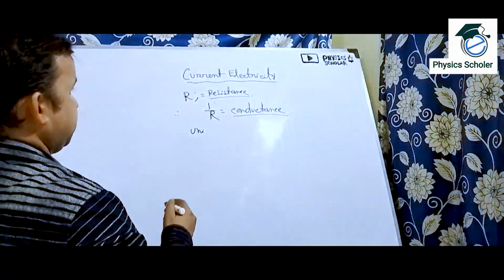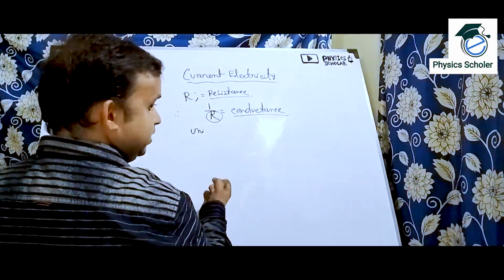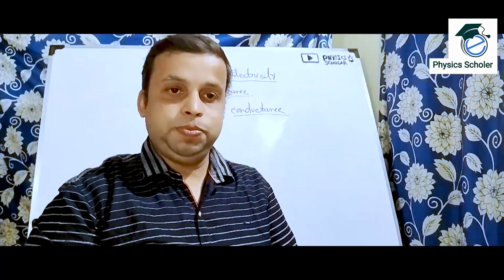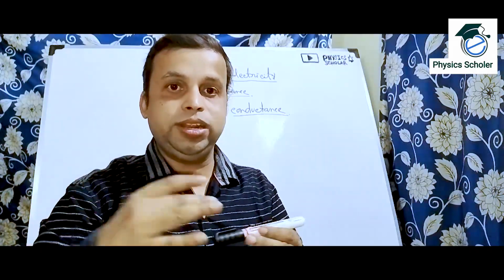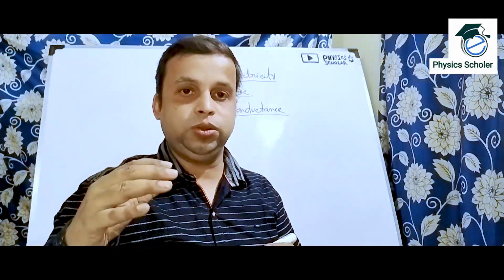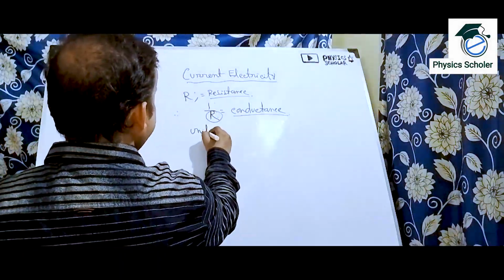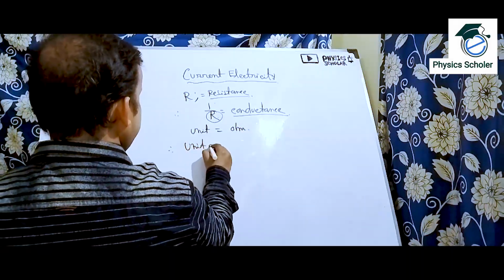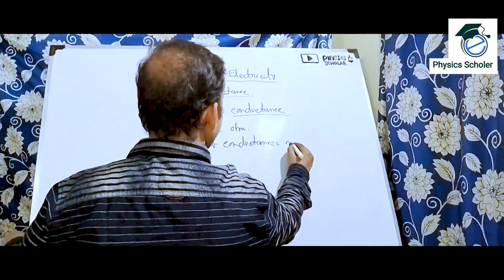So that means if the resistance increases, then the conductance decreases, and if the resistance decreases, then the conductance increases. Since it is reciprocal, the unit of resistance is ohm, so the unit of conductance is mho.